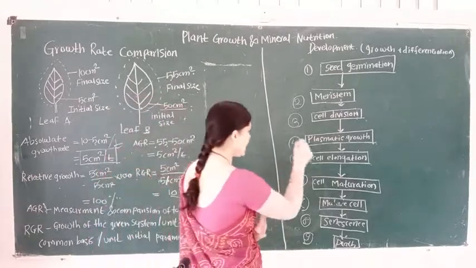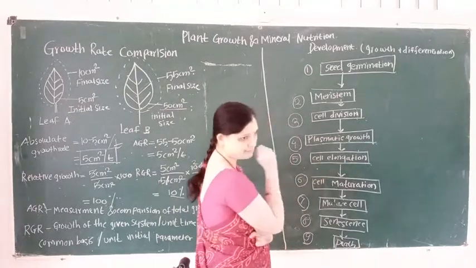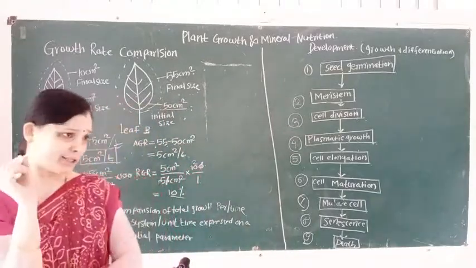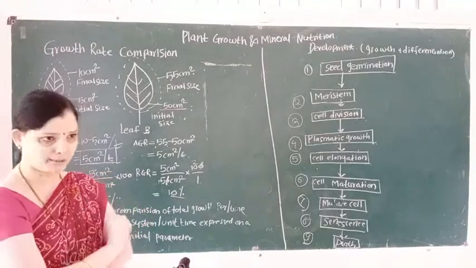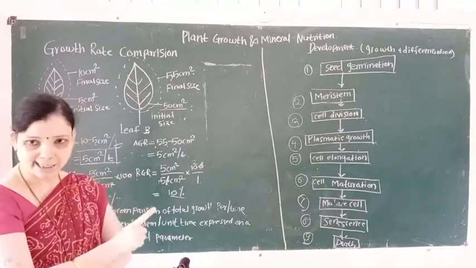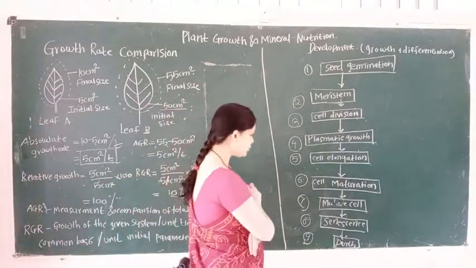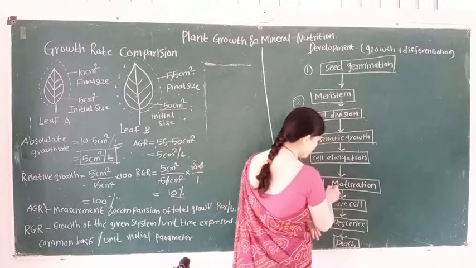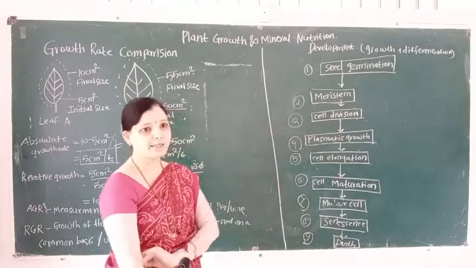After plasmatic growth, cell elongation takes place. The simple meaning of cell elongation is cell enlargement. And after cell elongation, the cell undergoes maturation.